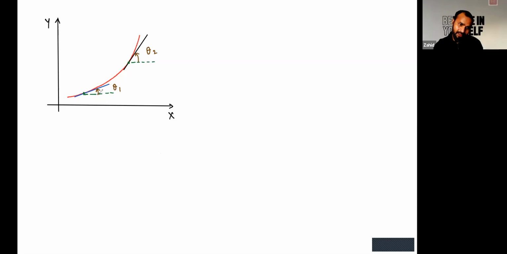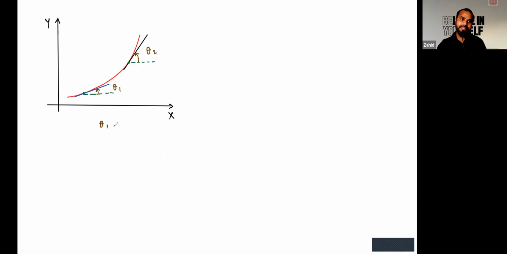I think theta 1 looks smaller as compared to theta 2. Yes, sir, there is a wide separation between them. Okay, so from this we can conclude theta 1 is smaller than theta 2. And as theta changes, tan theta also changes. So tan theta 1 would be smaller as compared to tan theta 2.